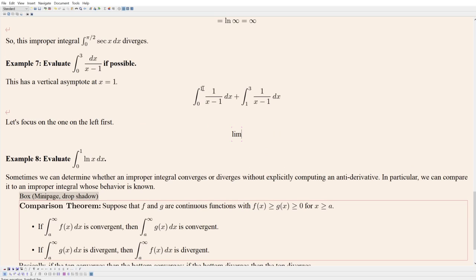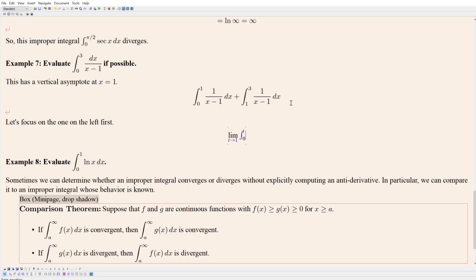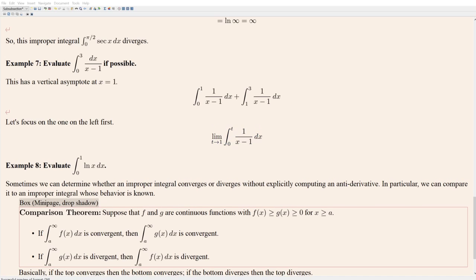So the problem occurs at 1. That's the place where we are encountering problems. So we take the limit as t approaches 1 because the limit always has to be approaching the problem. Like so.